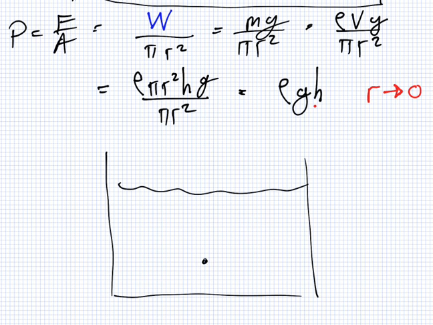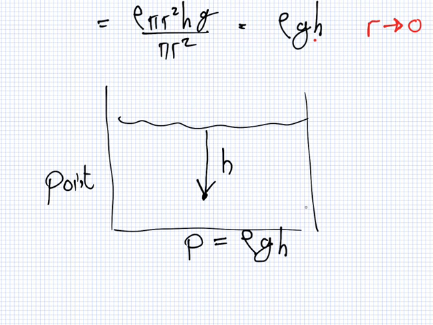So we've changed it into this type of problem. We have a point at a depth of h. The pressure it feels in the water is equal to the density times gravity times h. Notice that as I increase h, the pressure increases. Likewise, if I make the liquid denser, the pressure also increases.